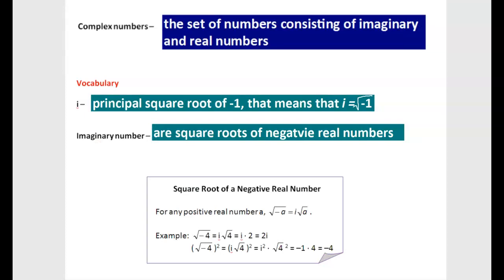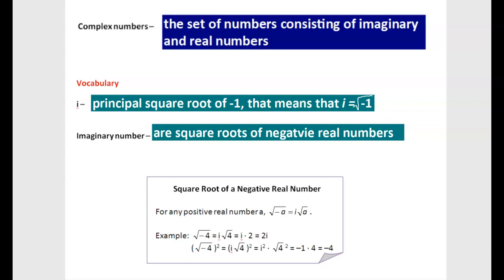Okay, the complex numbers are the set of numbers consisting of imaginary and real numbers. So down below, I gave you a graphical example of what that means. We had the real number system, which is off to the left side of that chart.